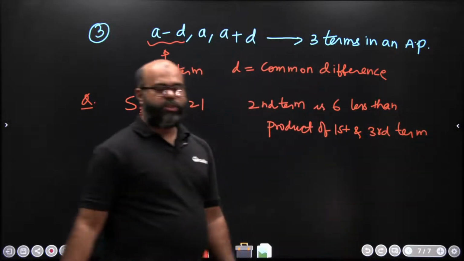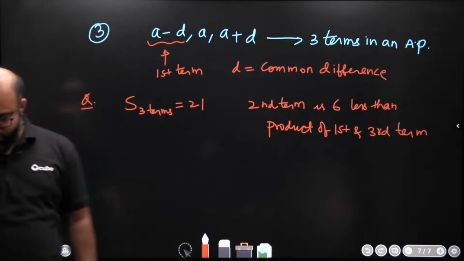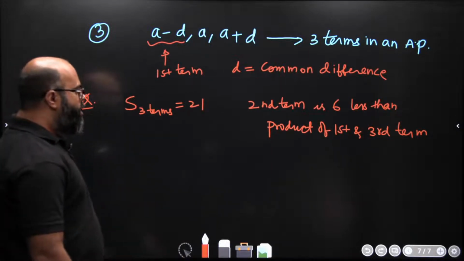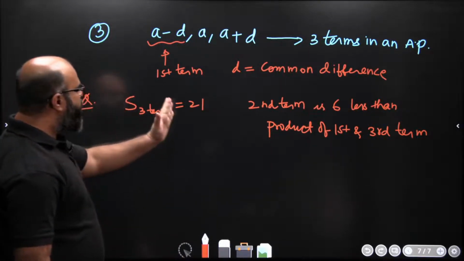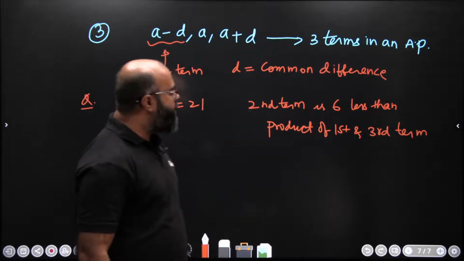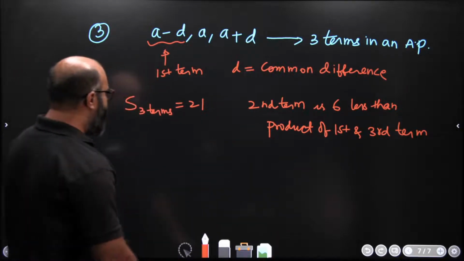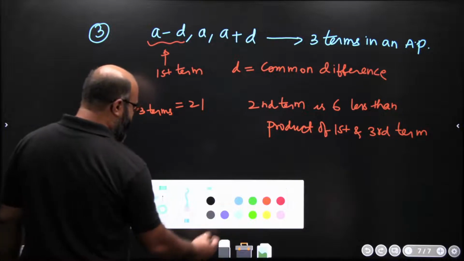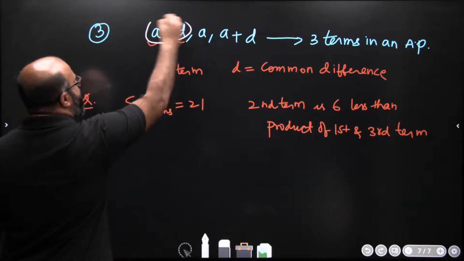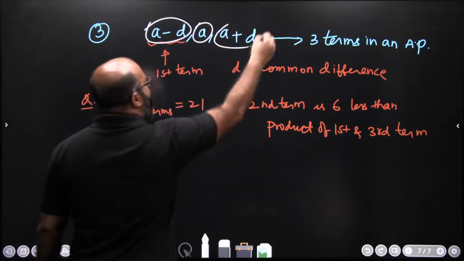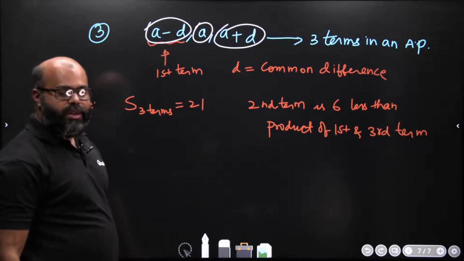So this is the situation which is given to us, and now we have to find the three terms. So the three terms' sum is 21 and the second term is 6 less than the product of first and third term. So we can suppose that the three terms here are a minus d, a and a plus d. Okay, these are the three terms in AP.